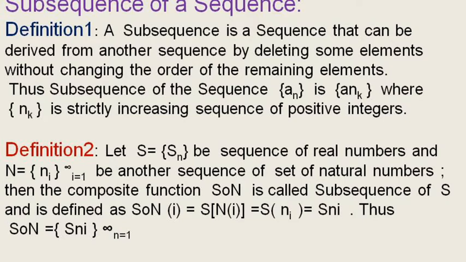Then the composite function S composite n is called subsequence of S and is defined as S composite n of i is equal to S of ni is equal to S_ni. Thus, this composite function is equal to sequence S_ni, i is equal to 1 to infinity.